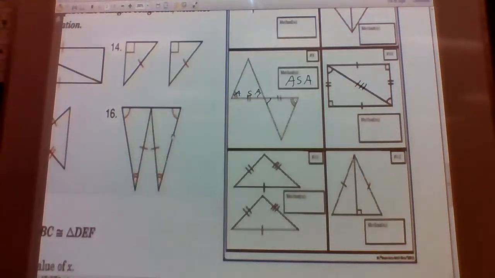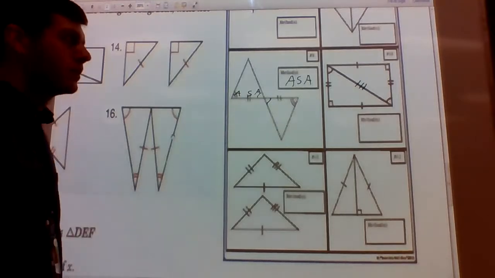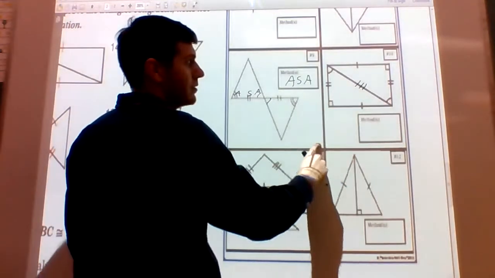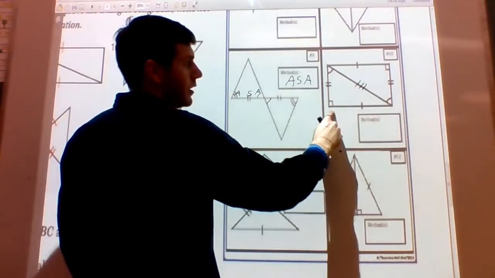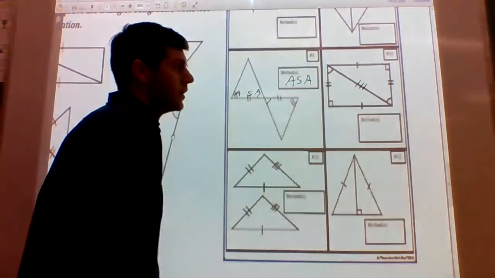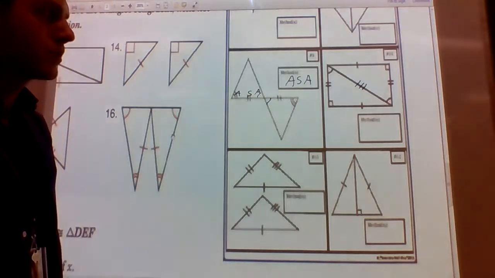I think what they're going for on this one is the definition of congruent triangles. So at this point we could do side, angle, side, or angle, angle, side, or angle, side, angle here. But I think what they're going for is the definition of congruent triangles.